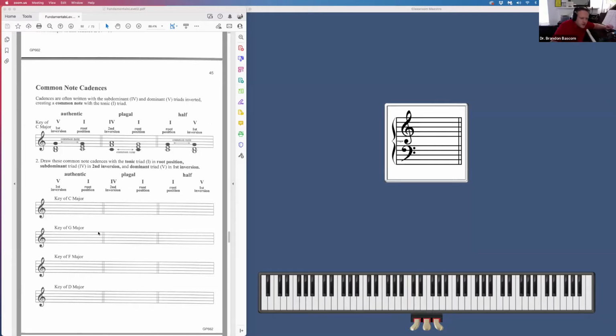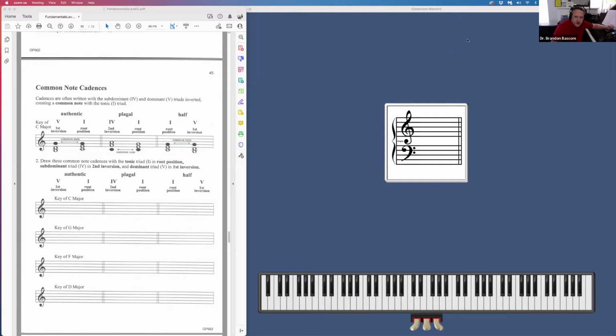So in all of your cadences on page 45, you should have 2 notes that are the same, that stay the same between the 2 chords. So those are common note cadences. And that should do it for that unit.